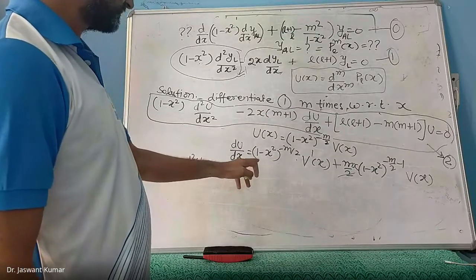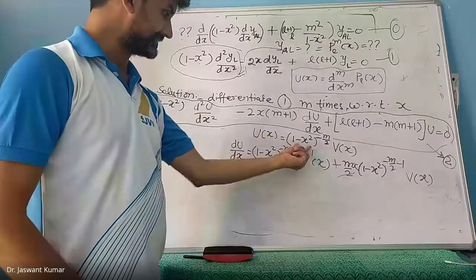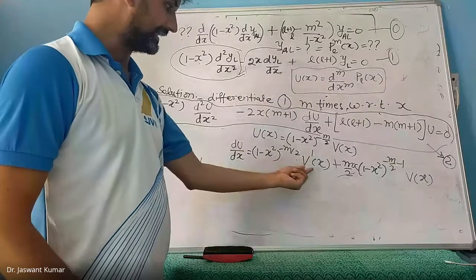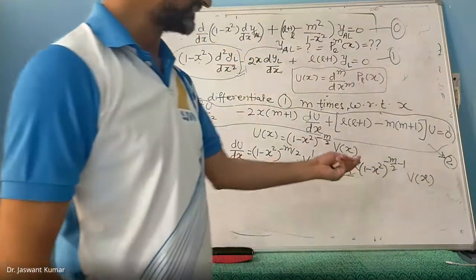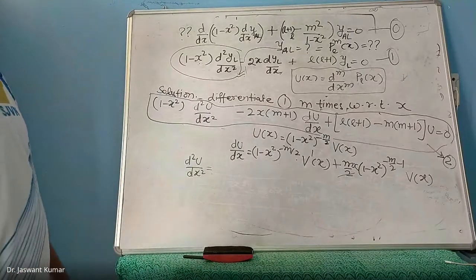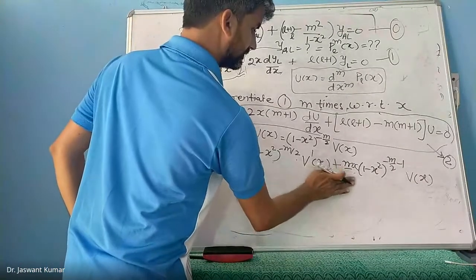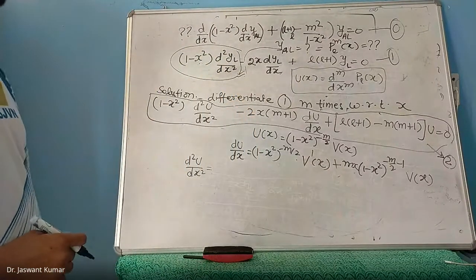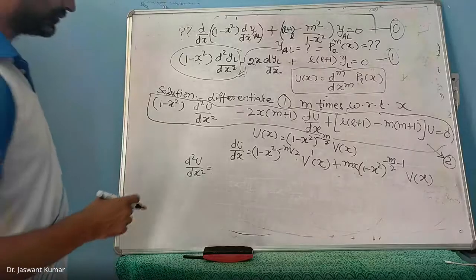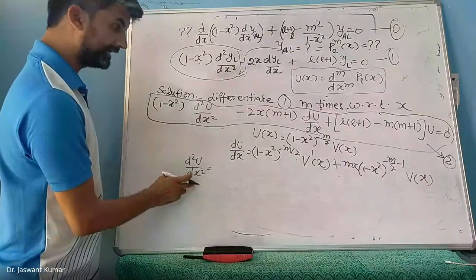Please check. So this is the first term derivative of second plus second term derivative of first. I think this is all right. Tell me. It is correct, sir.